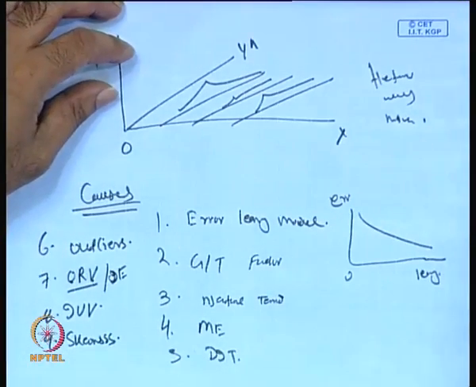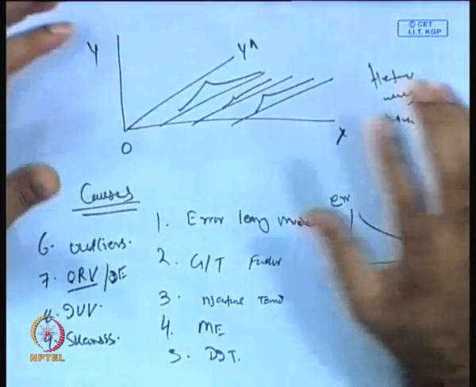Similarly, there is another concept called data transformation. When there is heteroscedasticity, one of the standard tricks is to go for transformation. If you go for transformation, then it may turn into a homoscedasticity situation. But the transformation should be very accurate, very perfect, very feasible.